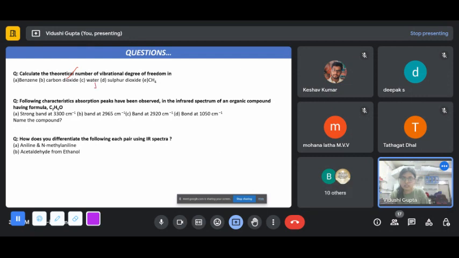For water, it will be like this. It's H2O. Here also n will be 3.